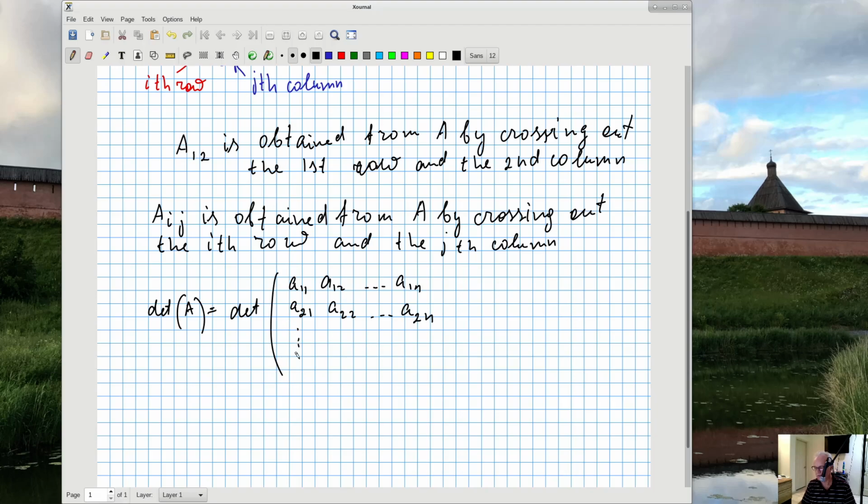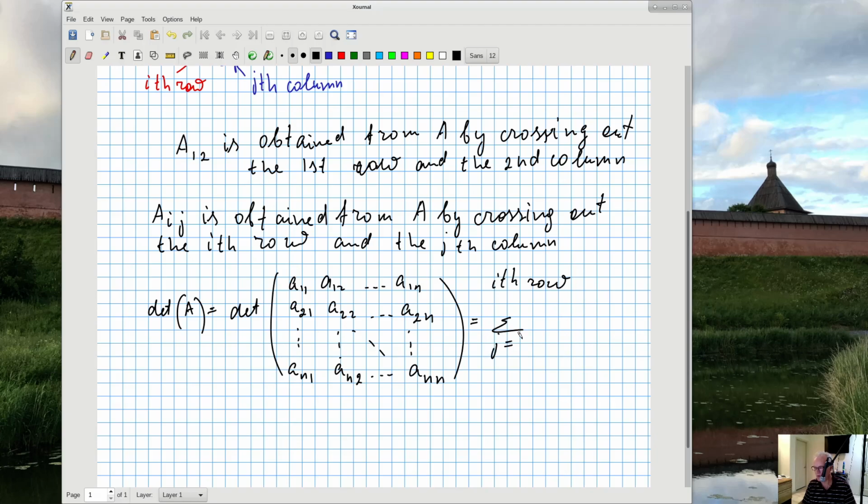It doesn't matter which one. But when you use the Laplace rule to calculate a determinant by hand, normally you choose the row or column with the most zero entries in it. So I choose any row or column. Suppose I have chosen the ith row. This one is taken and frozen. I take the ith row, then this determinant is equal to this sum.